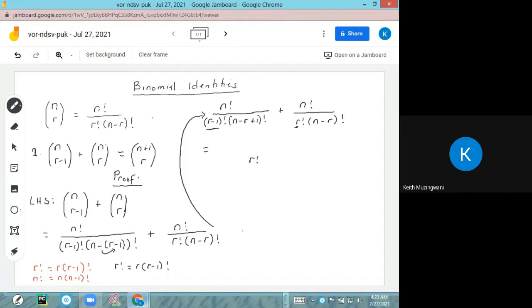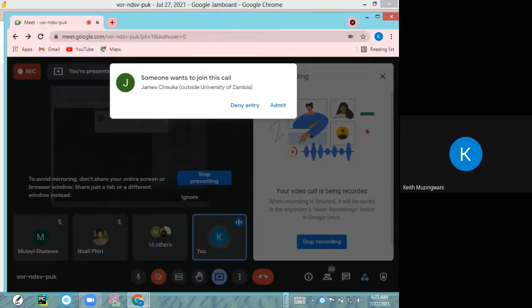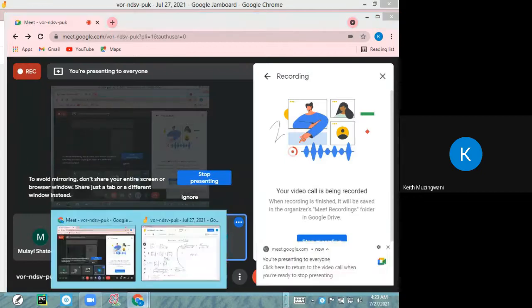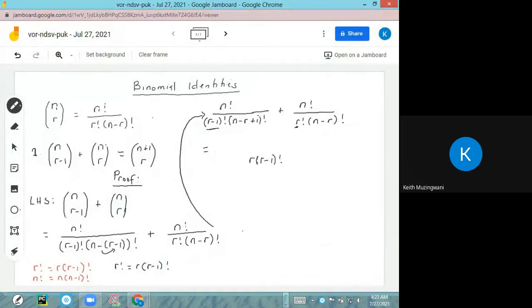Now we can choose to write this as r minus 1 factorial. The same thing happens to the other.